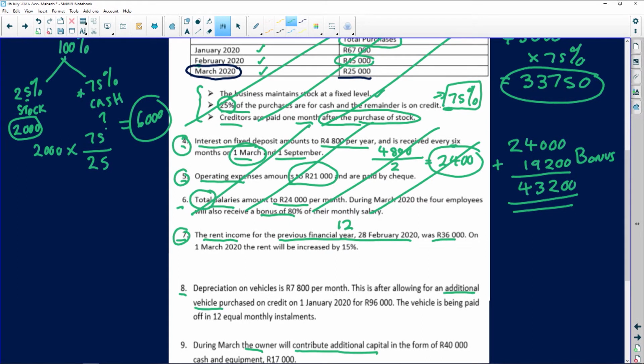On the 1st of March 2020, the rent will increase by 15%. So very, very important, guys. Don't simply add on 15%, because you've got to first take the 36,000 and divide it by 12 to work out what is the monthly rent received.